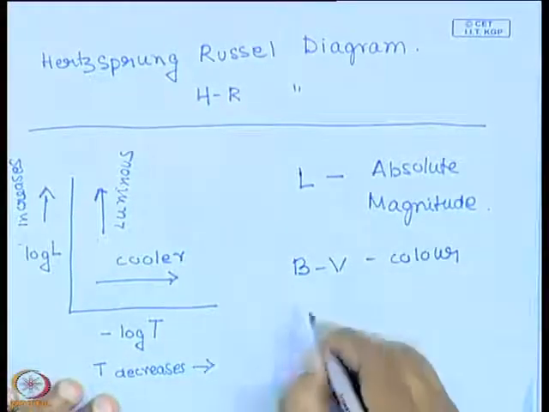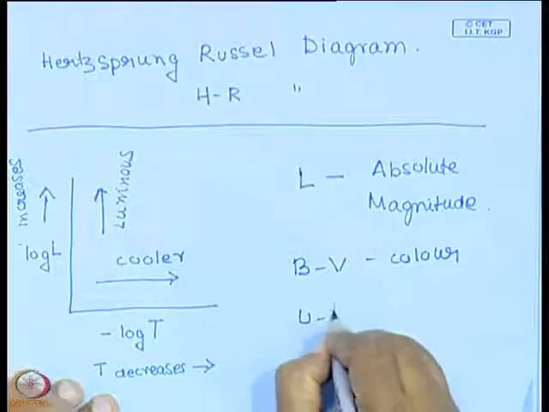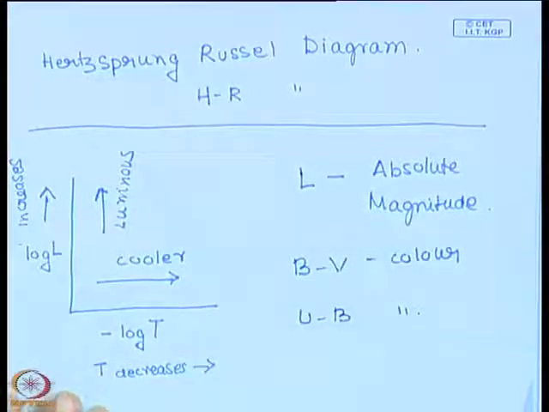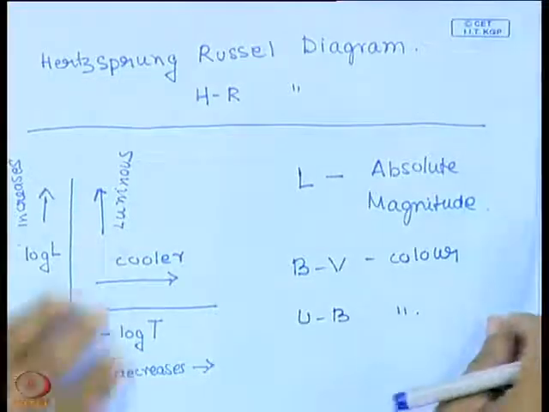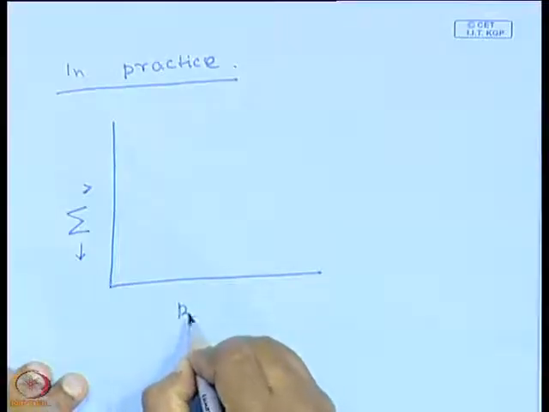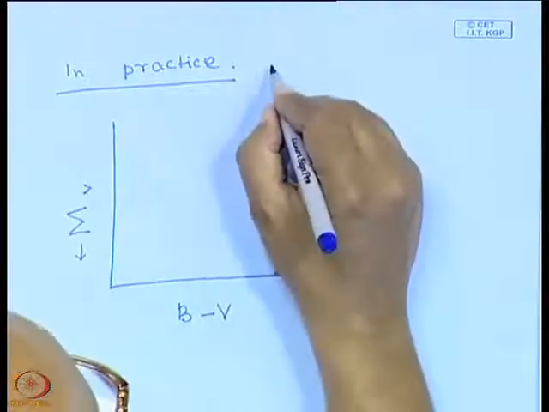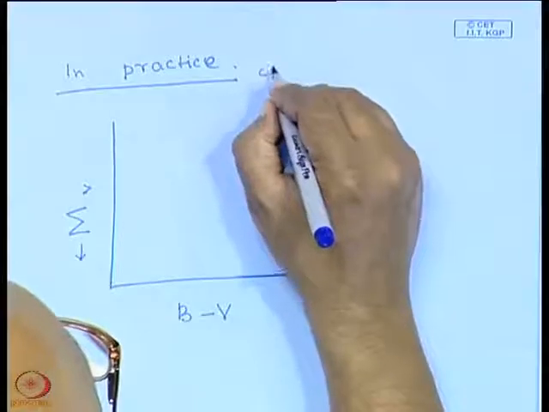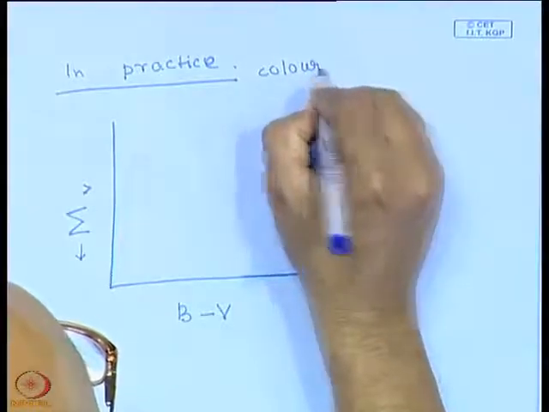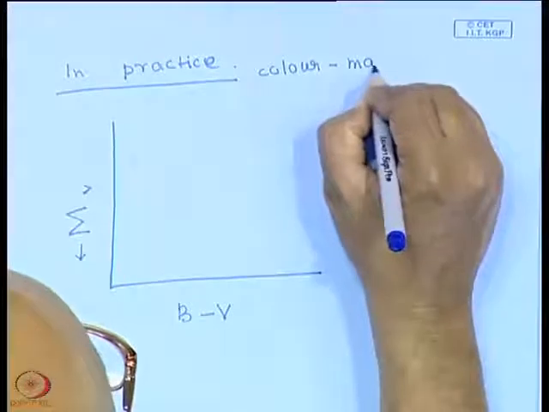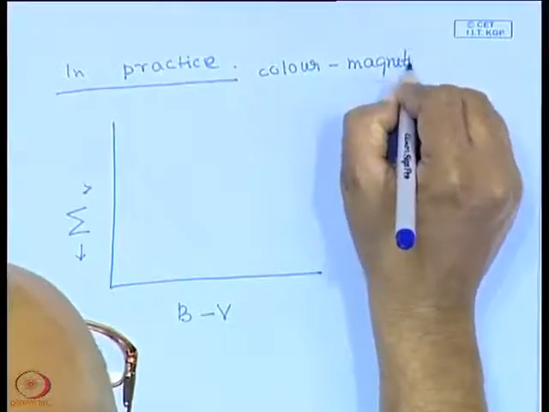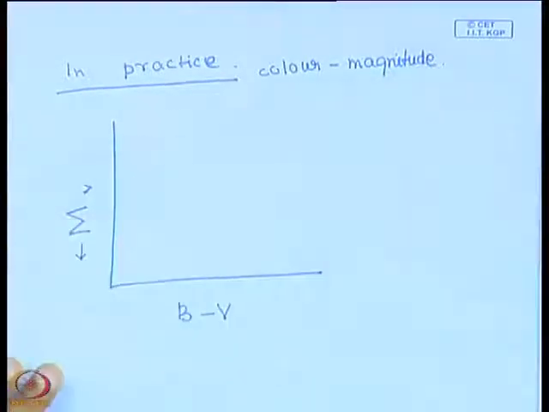Or you could use the U minus B color, and these are the two things that are plotted along the two different axes. Say, let us say B minus V. So, this is a color magnitude diagram.